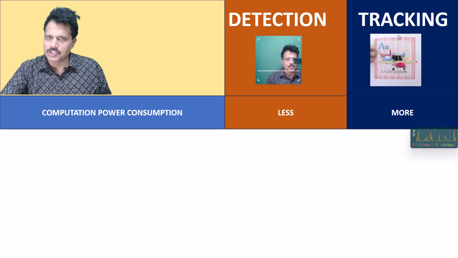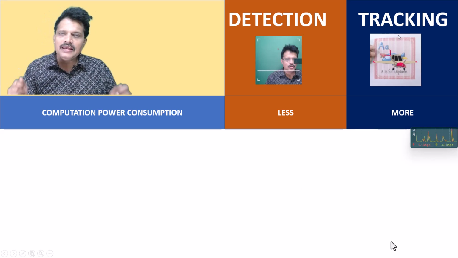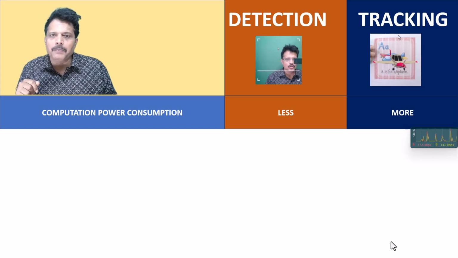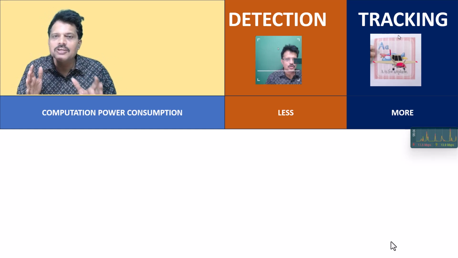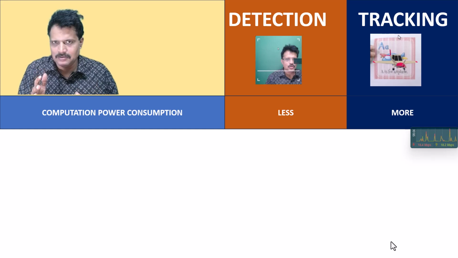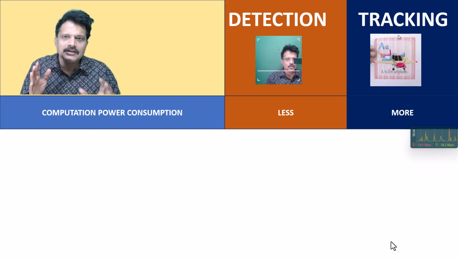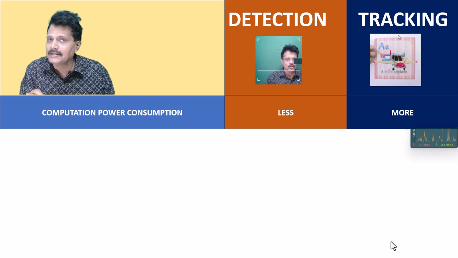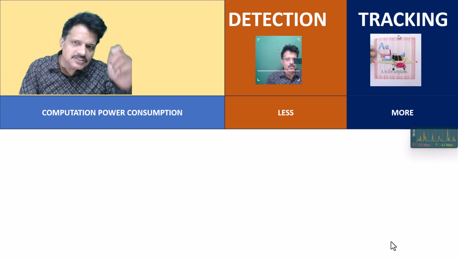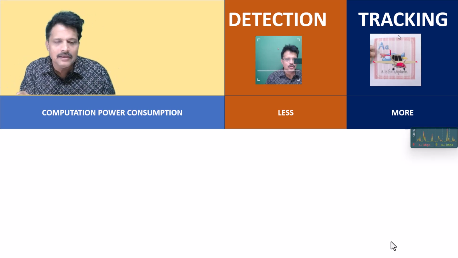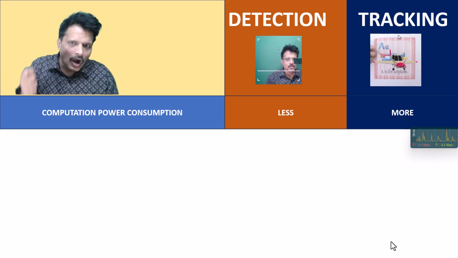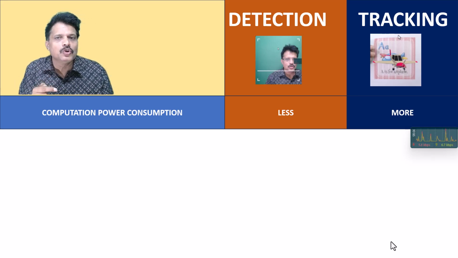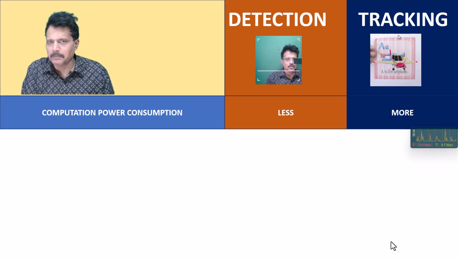Initially, when the image is being detected, the computational power that the AR engine is using will be less because it is concentrating on just seeing the pattern. But once the pattern is detected, as the pattern keeps moving, it has to adjust to that position, and the augmented reality is going to use more computational power.